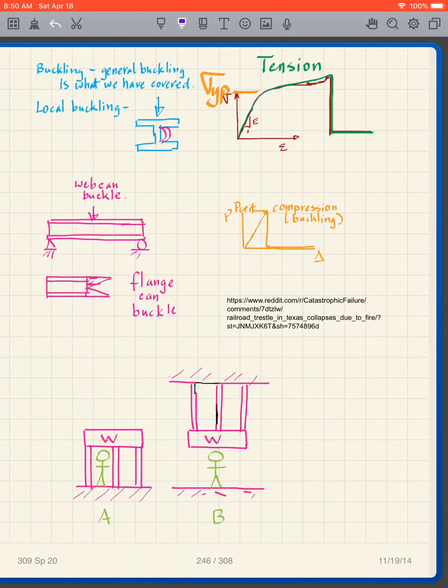If it's undersized, what happens? Well, it buckles. If that buckles, then this column takes no more load, because why? Because we get total loss of support. That means that this weight must be supported by just the two remaining columns.